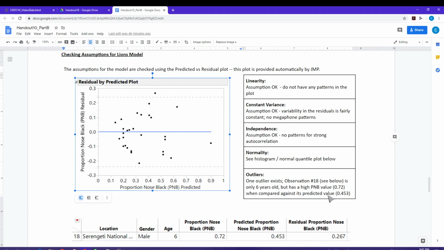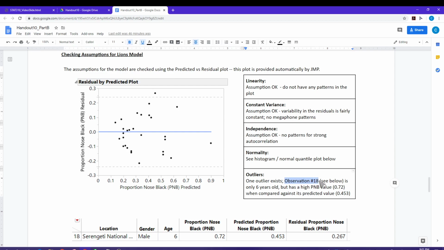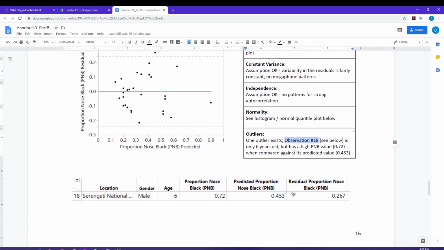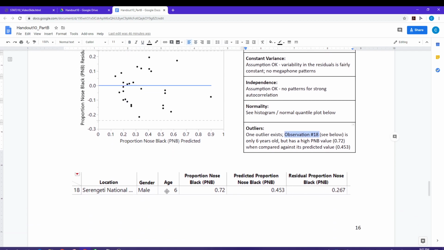So we should identify that point. It's observation number 18. This particular lion is 6 years old. Its proportion of nose that is black is at 72%, but my model predicted it to be about 45%.